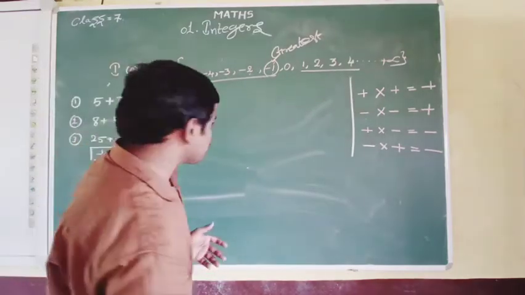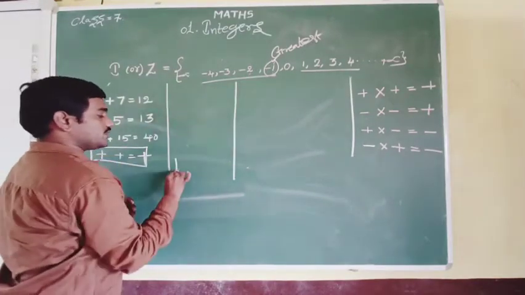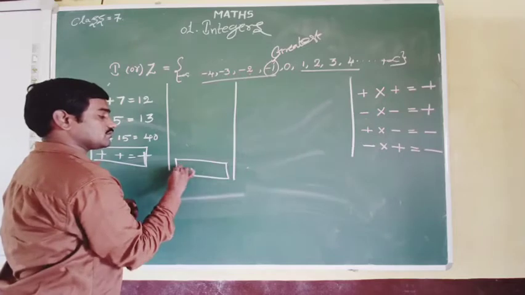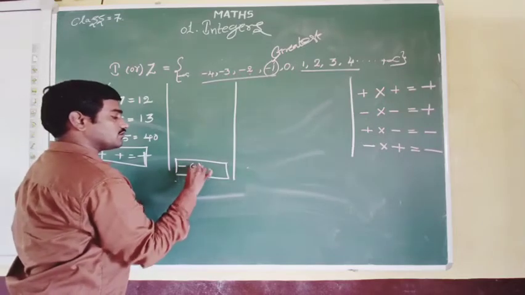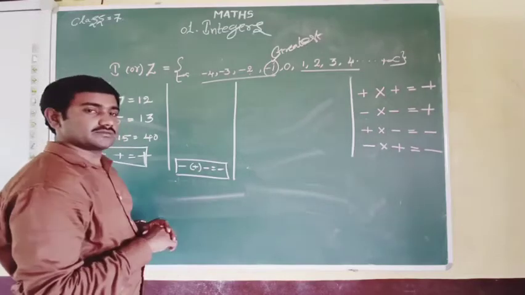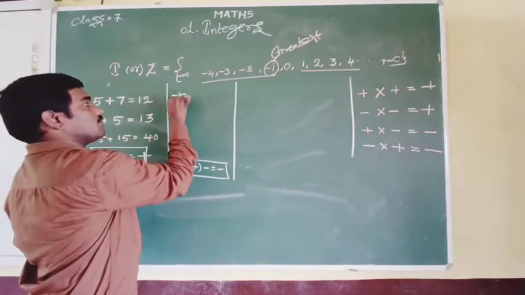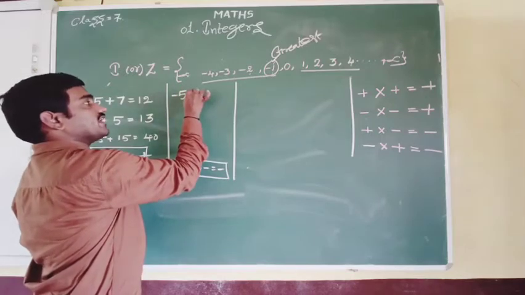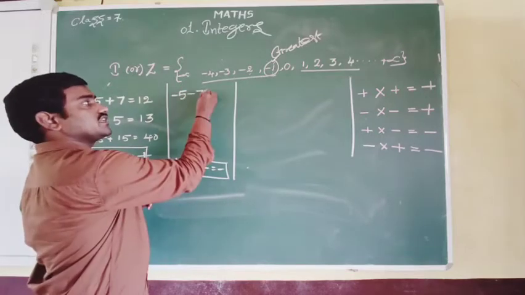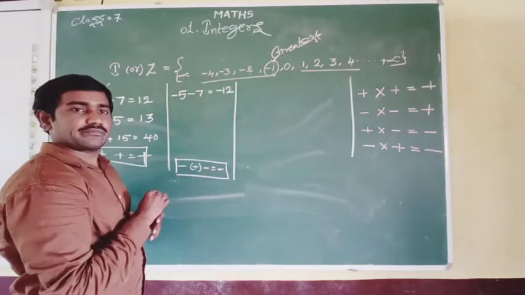Let me take some more questions which contain only negative numbers. The sum of two negative numbers also gives us a negative number. Suppose minus 5 minus 7 is equal to minus 12.